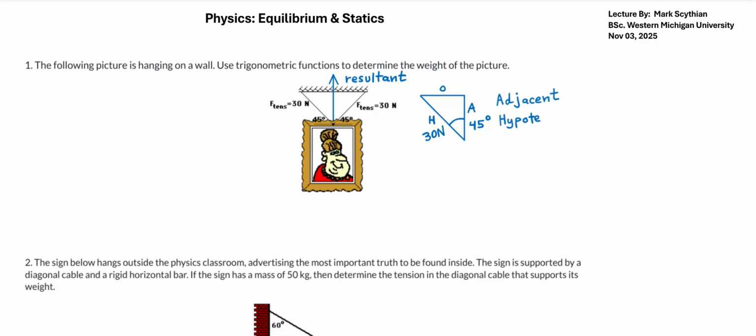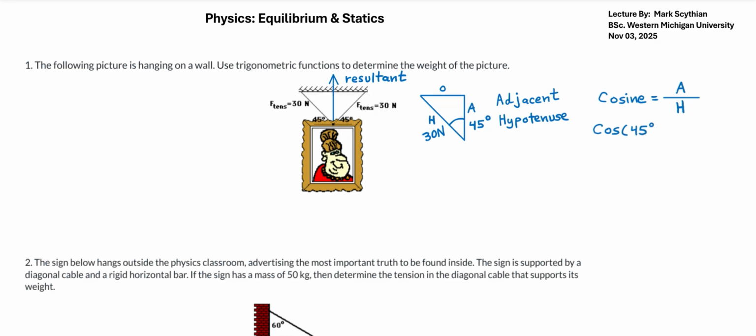So those 2 legs, the hypotenuse and adjacent, are relevant, whereas the opposite leg is not. So cosine is the ratio of adjacent side divided into hypotenuse. Sine is opposite over hypotenuse, and tangent is opposite over adjacent. So we'll just work with cosine because that's all we need.